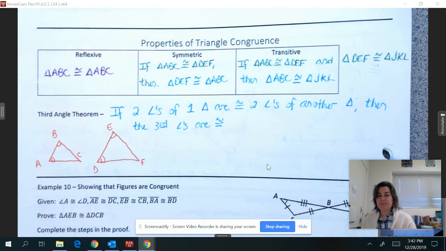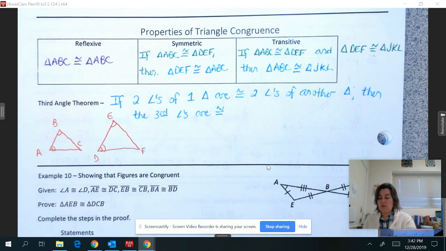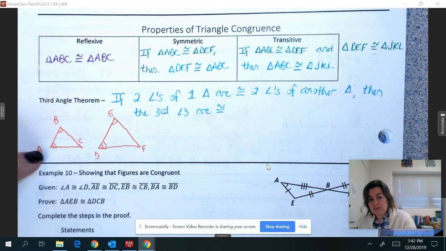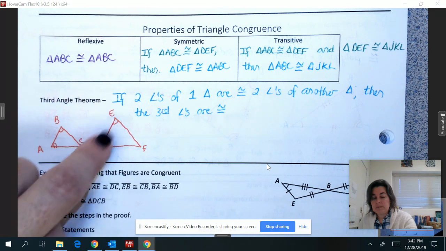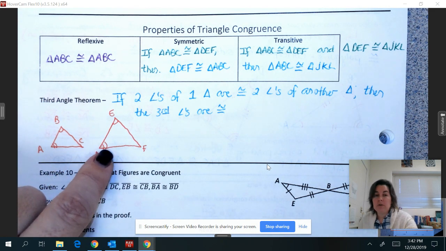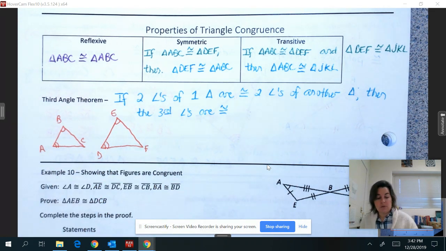which is what that says. Okay, so then our next theorem is the third angle theorem. It says that if two angles of one triangle are congruent to two angles of another triangle, then the third angles are congruent. So the reason is all the angles need to add up to 180. If these two angles, if you subtract them from 180, you'd get angle C. Well, these are the exact same two angles, so if you subtract them from 180, you'll get the same answer for both of those.